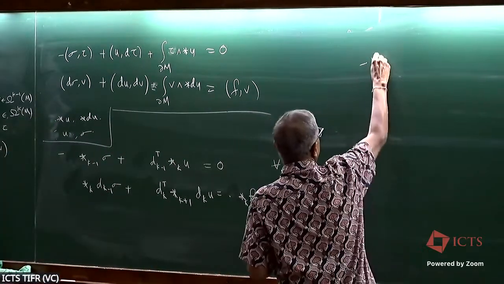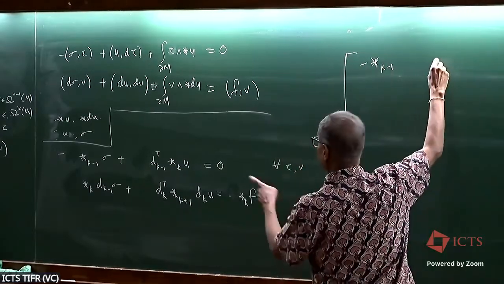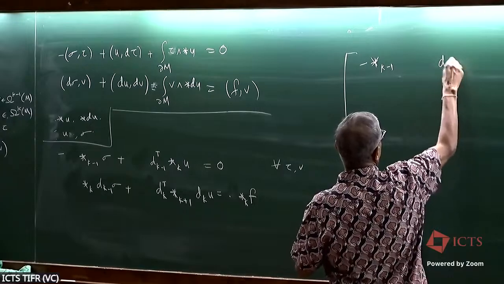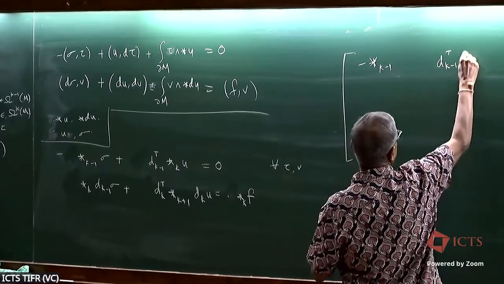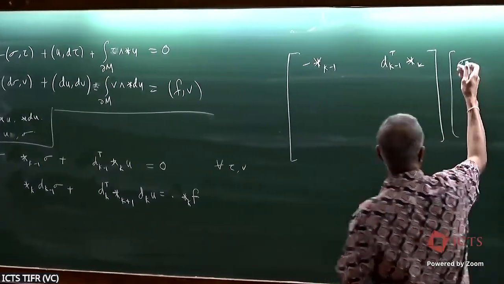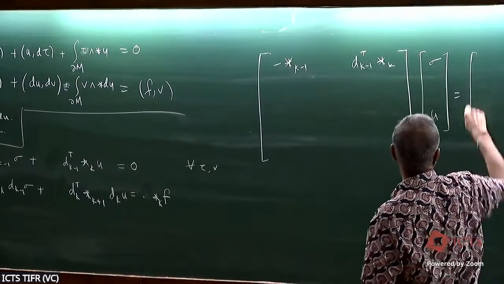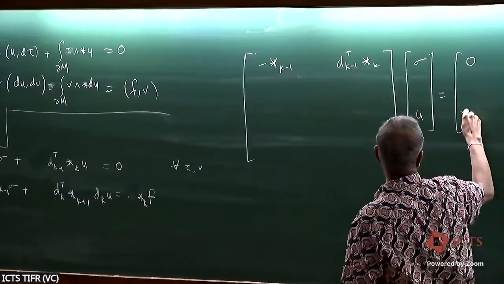You have minus star k minus 1, d k minus 1 transpose star k. Here are your sigma variables which live on k minus 1 simplices, u variables which live on k simplices, 0, star k f.